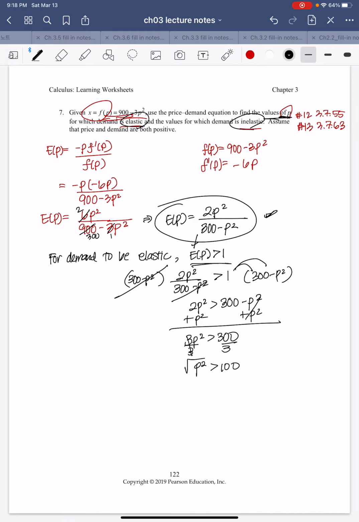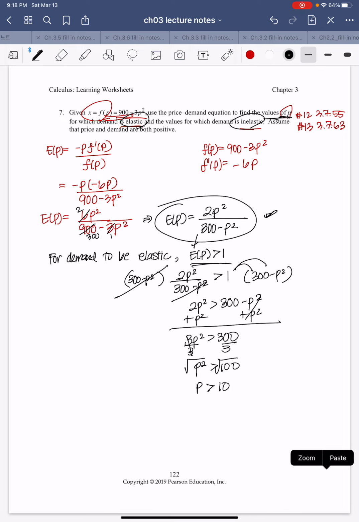To have p by itself, I take the square root. So p has to be greater than 10. Any value of p greater than 10, we have an elastic function.